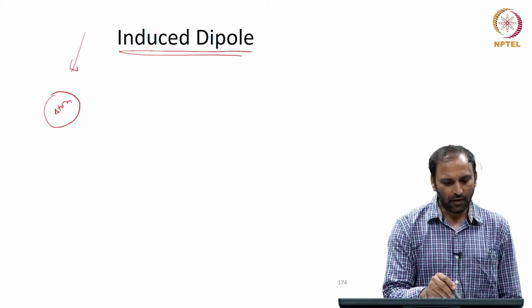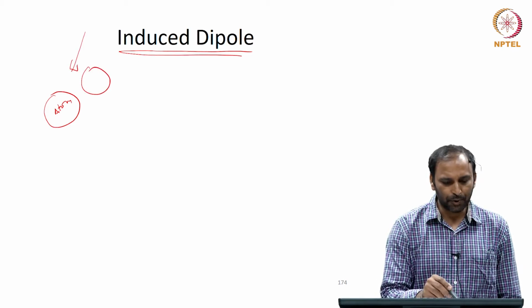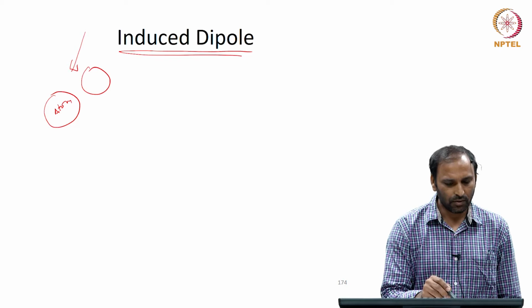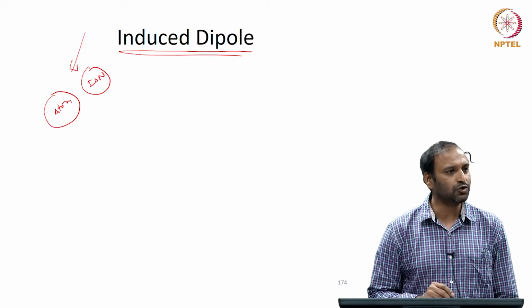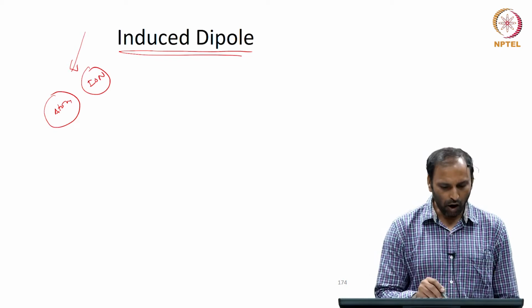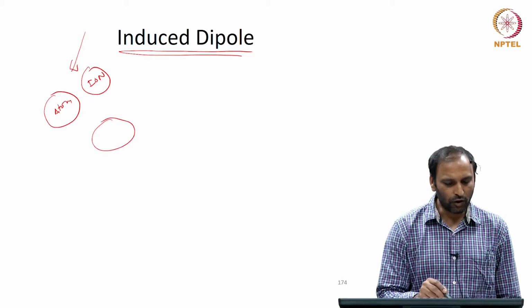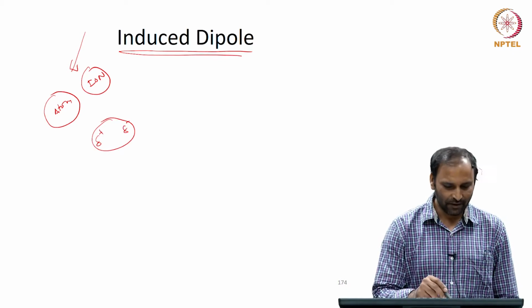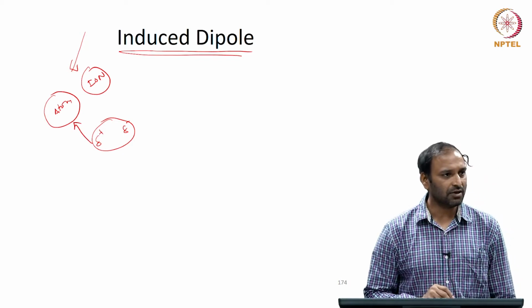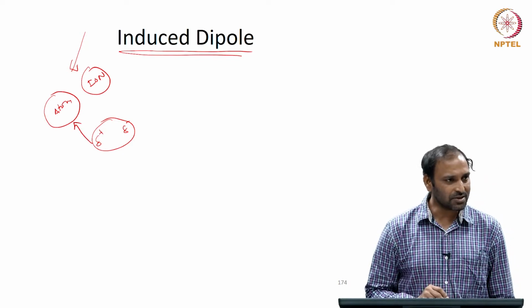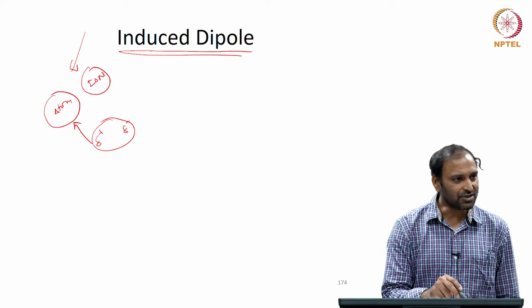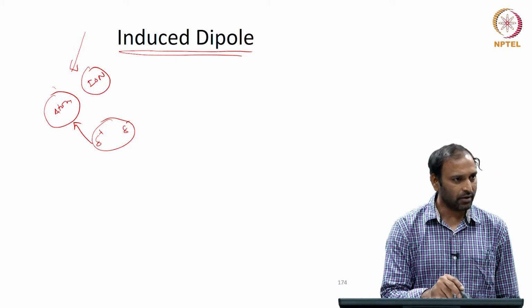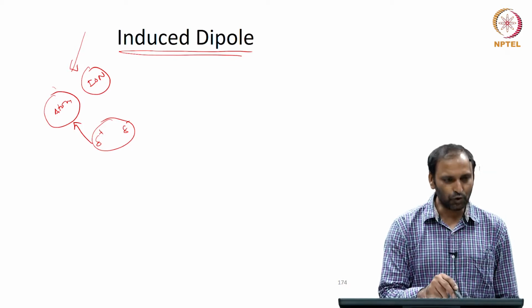If an ion approaches such a neutral atom or molecule, or if a molecule which has a dipole approaches a neutral atom, it will disturb the electron cloud around the neutral atom.